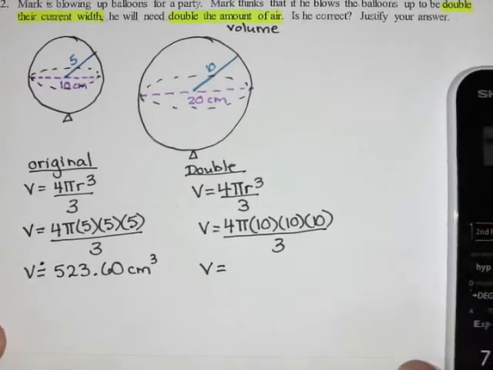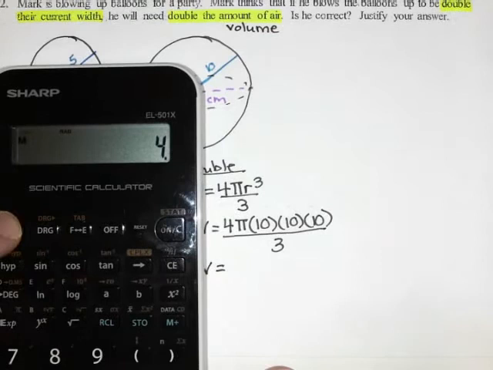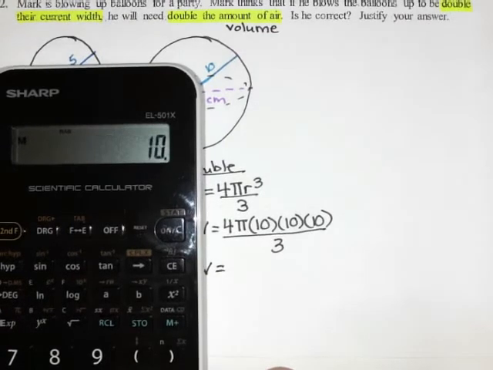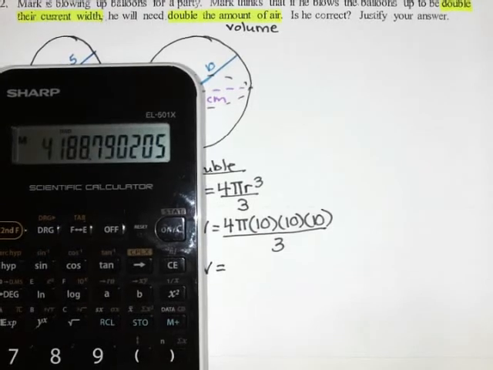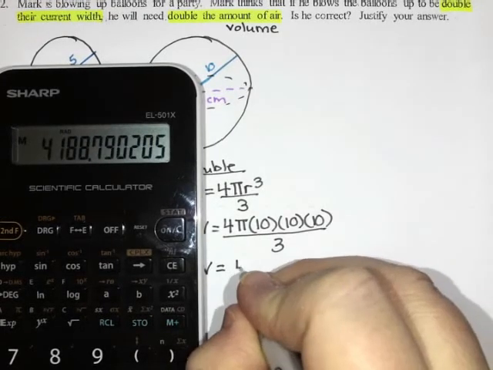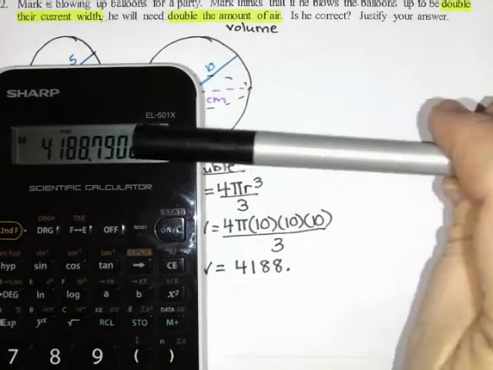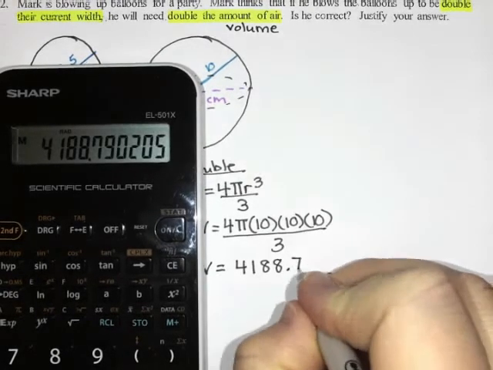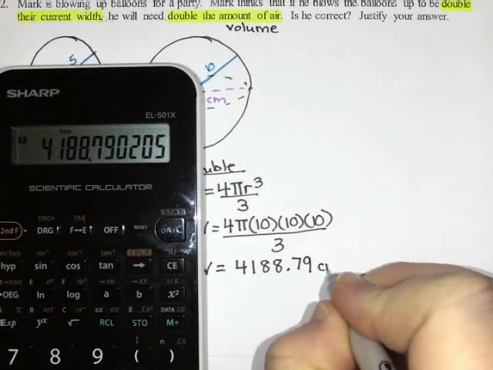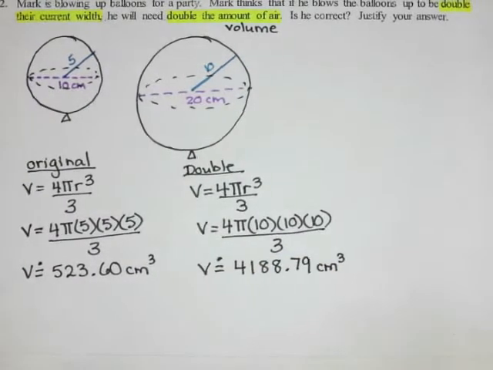So 4 times pi times 10 times 10 times 10 divided by 3 is 4,188.79. The next number is a 0, so we're not going to round. We're just going to leave it as 79. And that is centimeters cubed, and I rounded, so I'm going to put the dot.